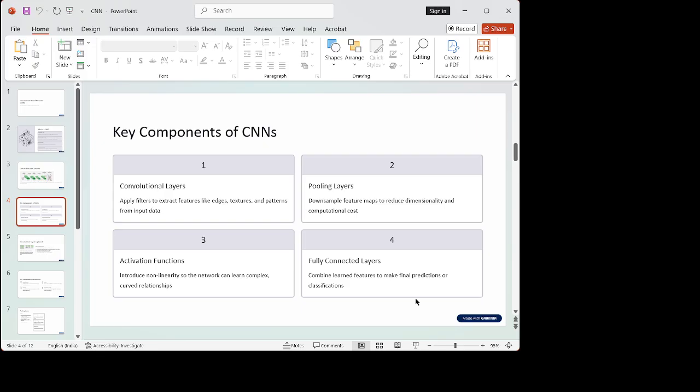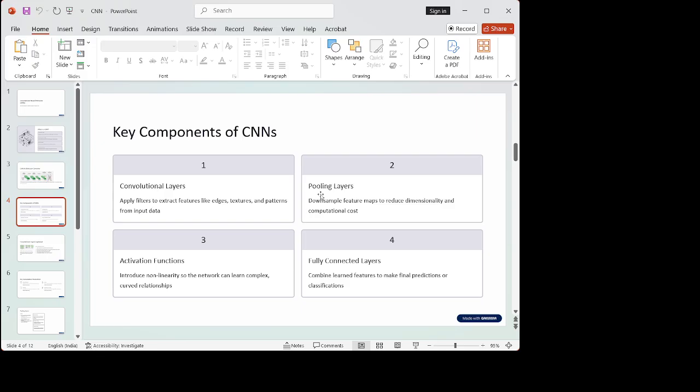In simple words, the convolutional layer is mainly used to help with feature extraction. The pooling layer also helps with downsampling the feature map structures, and the activation part introduces non-linear relationships.